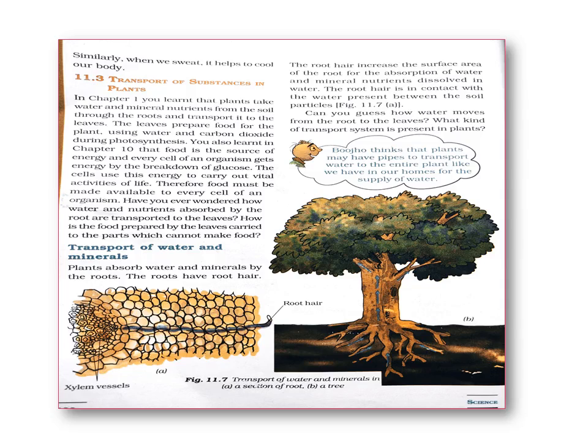So with the help of xylem and phloem, whatever substances are present in the plant, what is absorbed and what is prepared, are transported to all other parts of the plant. So xylem and phloem are the two important types of vascular tissue present in the plant.